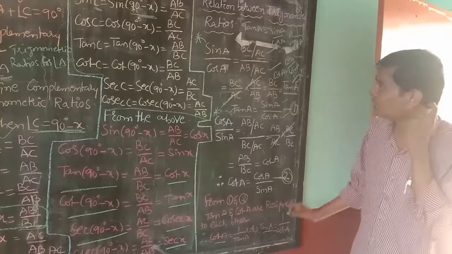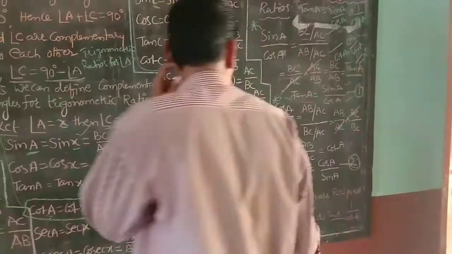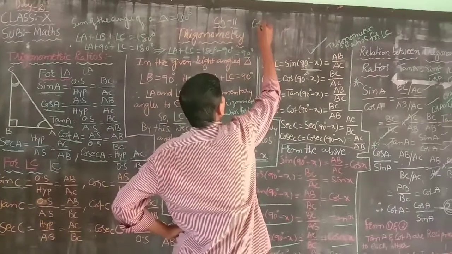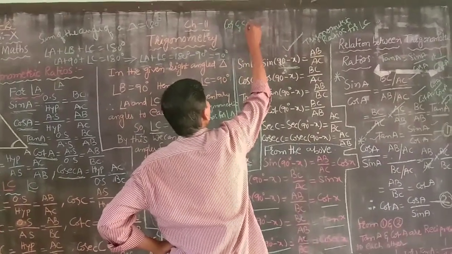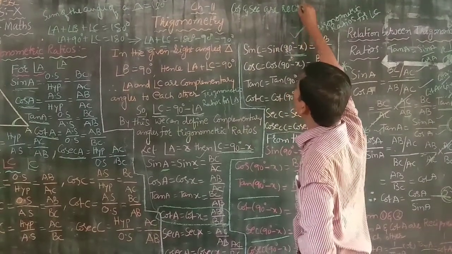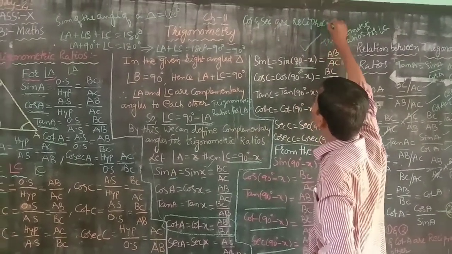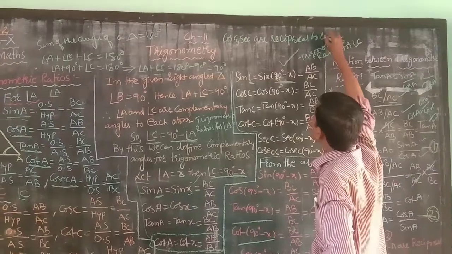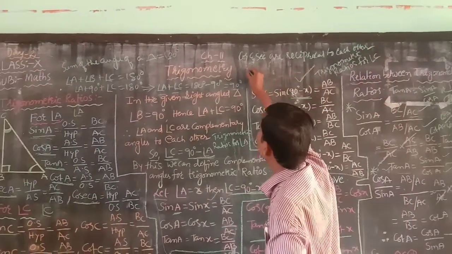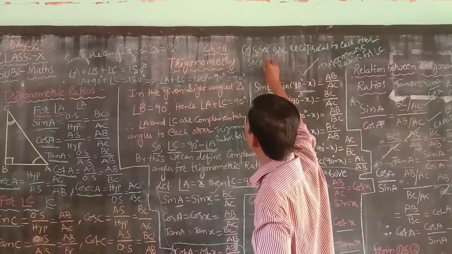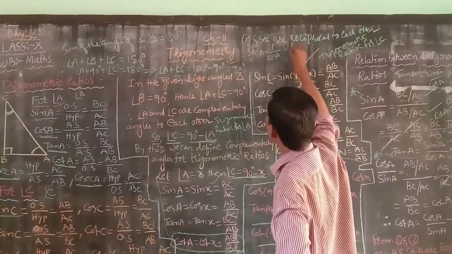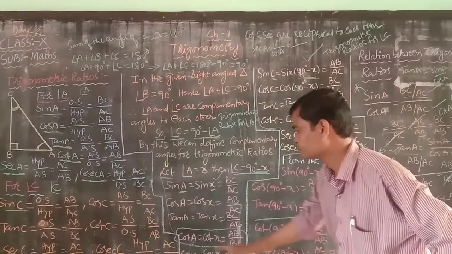In the same way, for the remaining two, I will just tell you. Cos and sec are reciprocals of each other, which means sec A is equal to 1 by cos A. You observe, 1 by cos A is what?